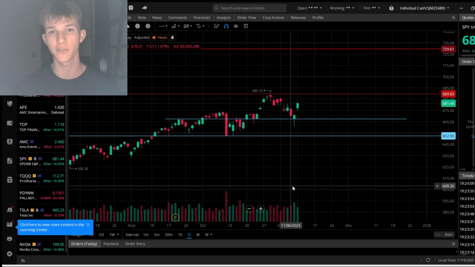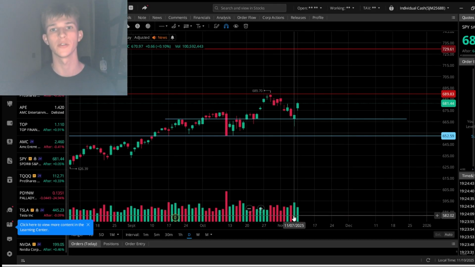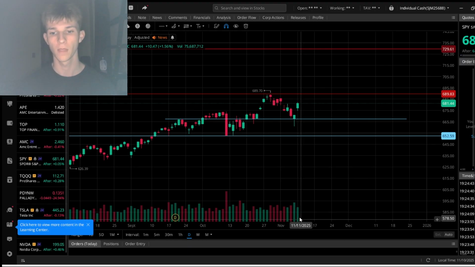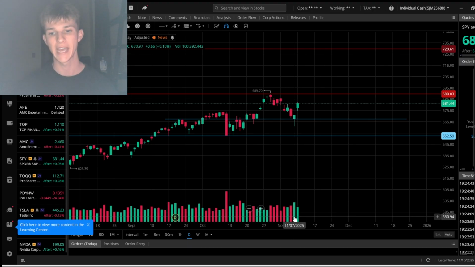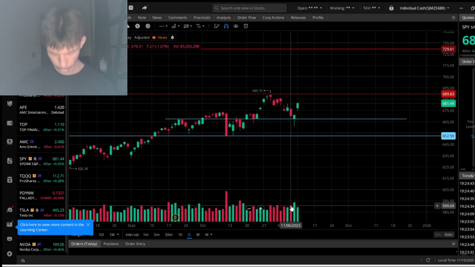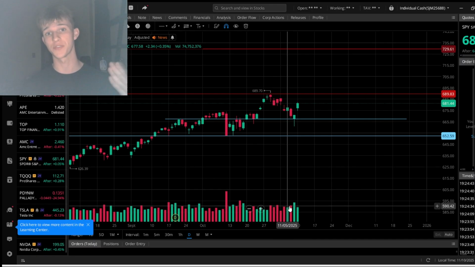Now, there's different variables when making an A+ setup trade. It's not just the key levels. It's not just, oh, this stock hit support, or oh, this stock rejected off of resistance. No, it's not just that. There's volume included. What is volume? Whenever you see this volume right here, if it's green, that is how many buyers bought the stock, on a frequency of how much they bought it.